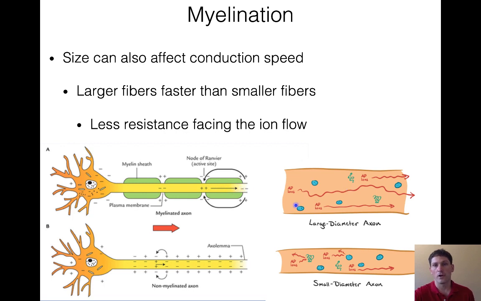If you have a larger diameter axon, those sodium ions move along much faster, and there's much less stuff in the way, right? Where here, if you have a smaller diameter, you can see some of those ions running into other organelles or molecules inside of that cell. So our speed is going to go faster, and there's much more area in this one than in those smaller ones.